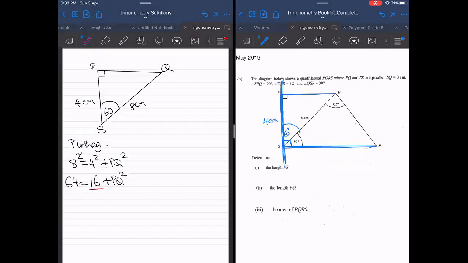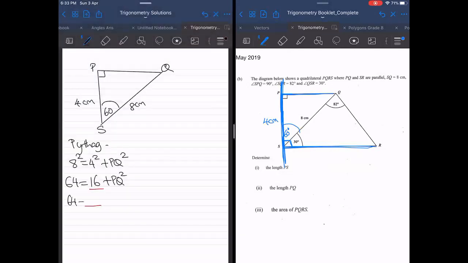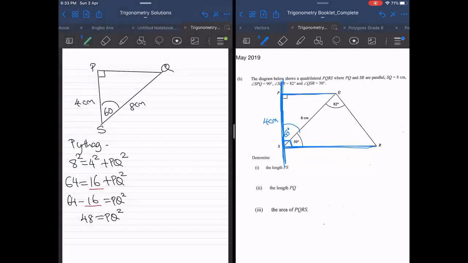So the 16 is added, we take it across, we subtract. So 48 is equal to PQ squared. Still take note, because what if you get a question where you have to use Pythagoras theorem? So make sure that you know how to do it.